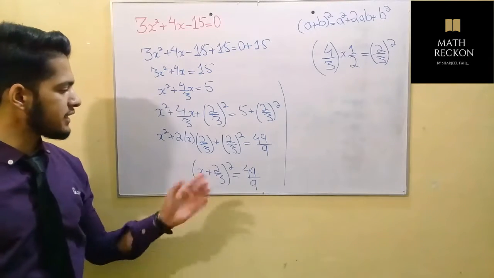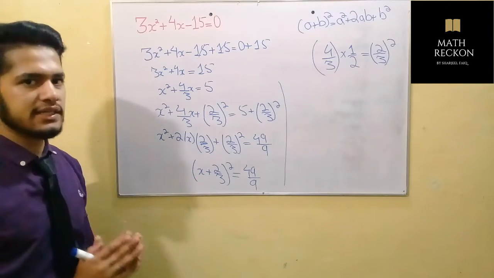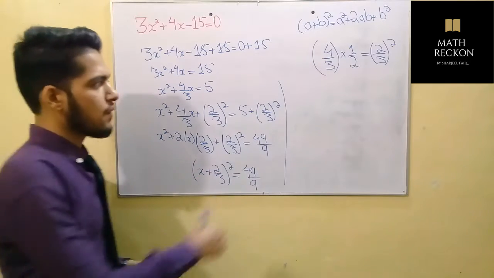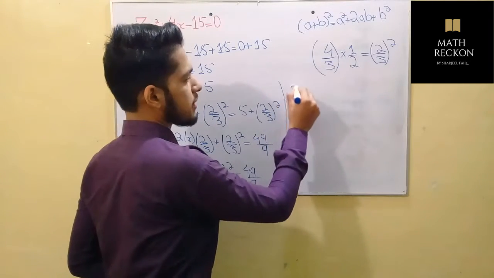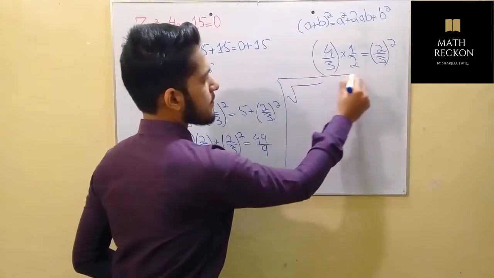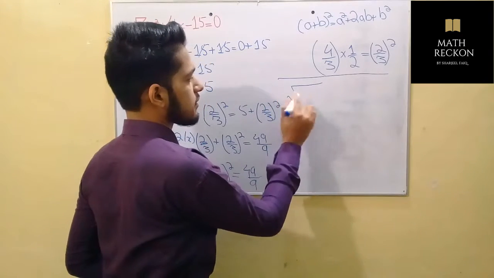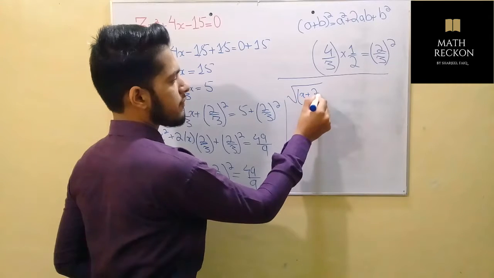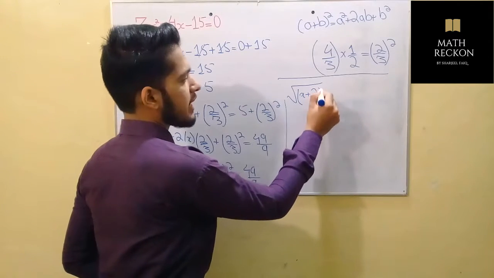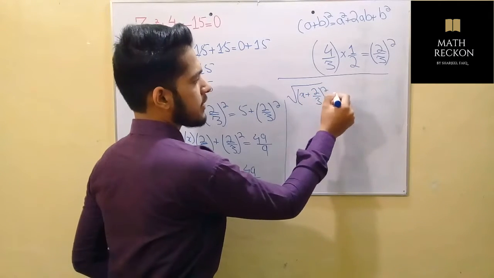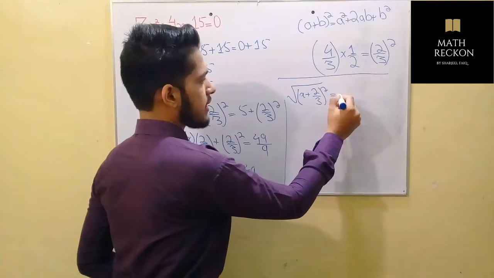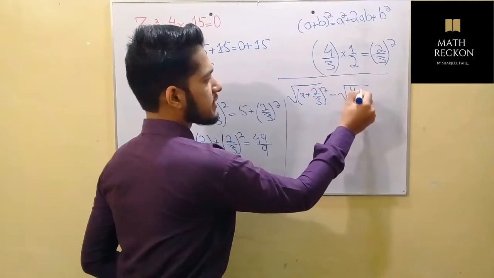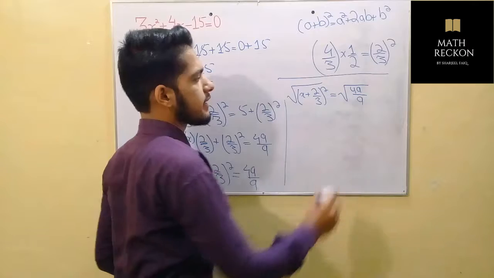We will get rid of this square here, and for getting rid of this square we will take the square root on both sides of our quadratic equation. By taking the square root on both sides we will have the square root of x plus 2 upon 3 the whole square equals the square root of 49 upon 9.